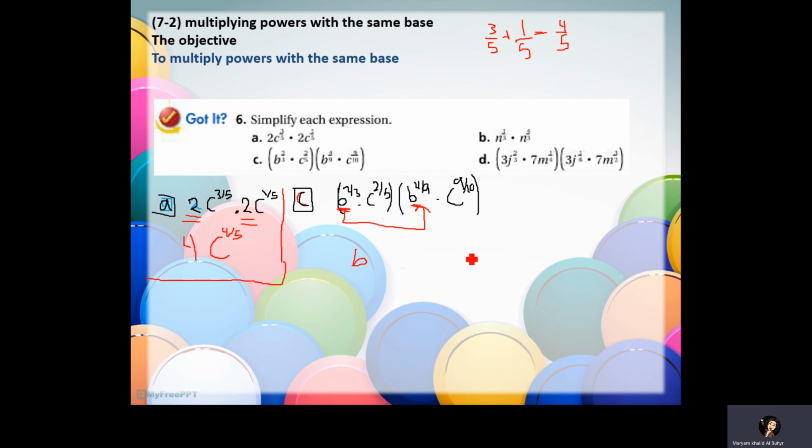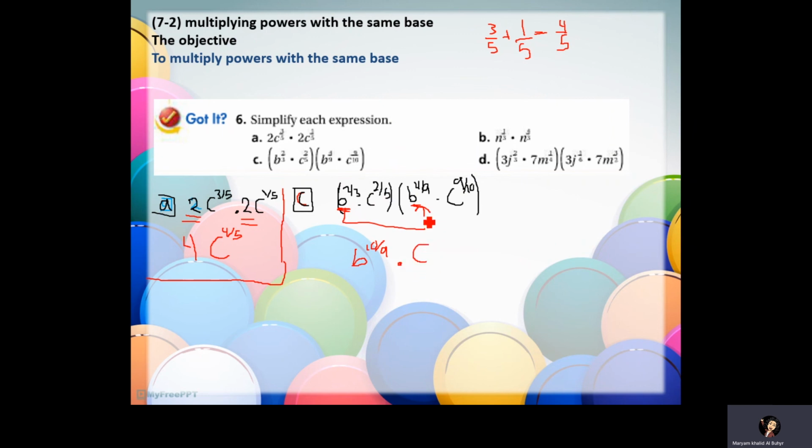After your calculation, you will get B to the power 10 over 9 times C to the power.